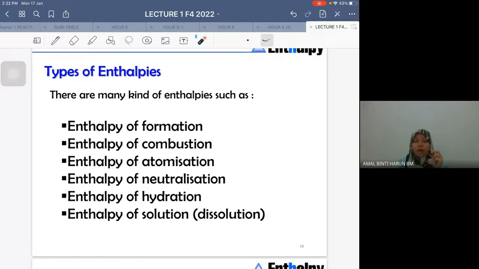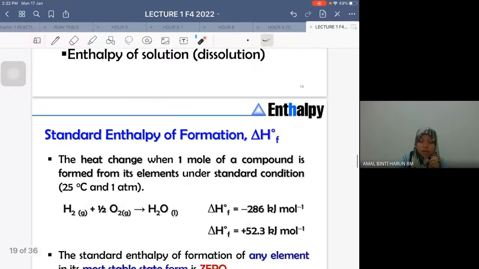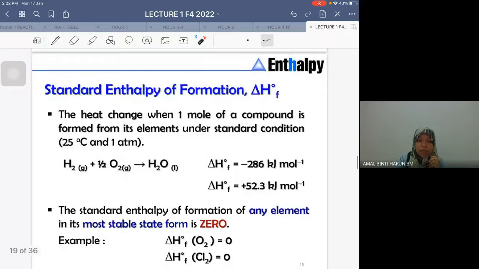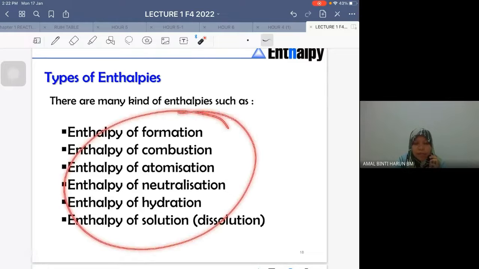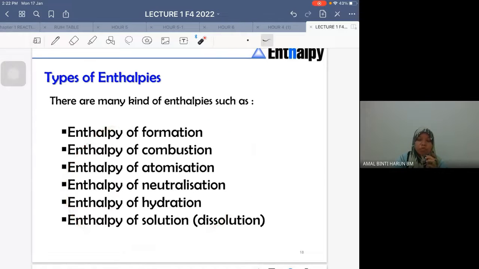Apa standard of enthalpy yang kita akan belajar? Formation, enthalpy of combustion, enthalpy of atomization, neutralization, hydration dan solution. Okay. Jangan risau, yang ni tak ada calculation sangat. First hour hanya faham konsep 6 enthalpy ni. Kemudian macam mana nak tulis Thermochemical Equation. Itu saja objektif kita.